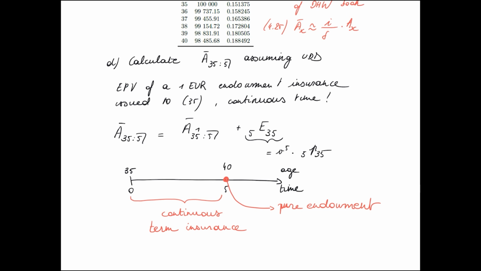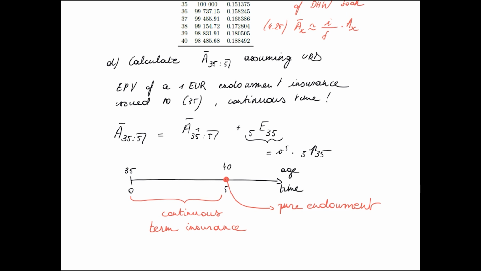Well, that doesn't matter. It's a single event happening at one specific point in time. So there is no need to worry about the continuous or discrete time setting. The only way to calculate the EPV of paying €1 at time 5 in case my policyholder is alive at that time is v to the power 5 multiplied with the 5-year survival probability.